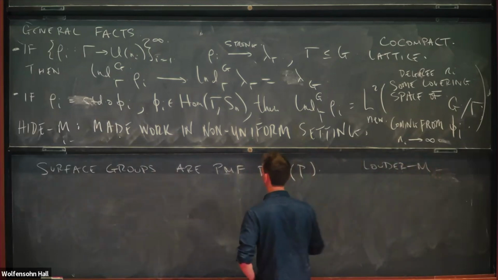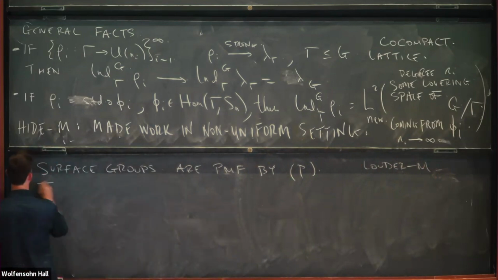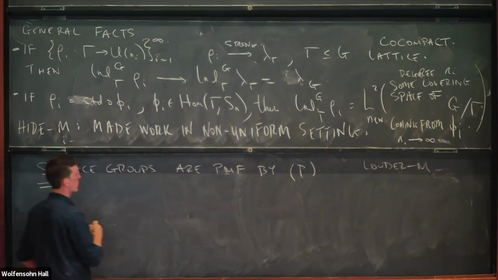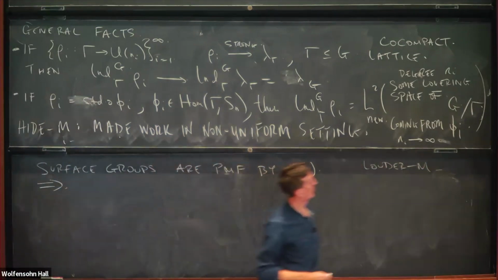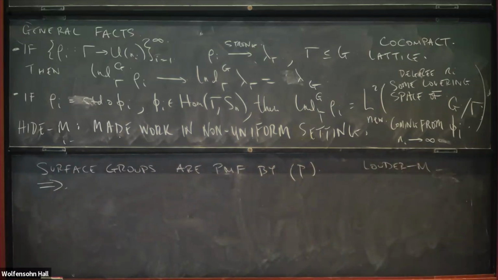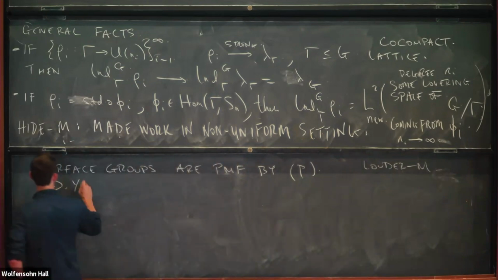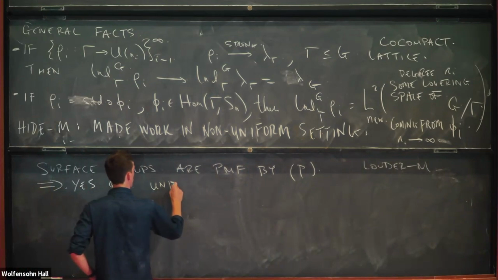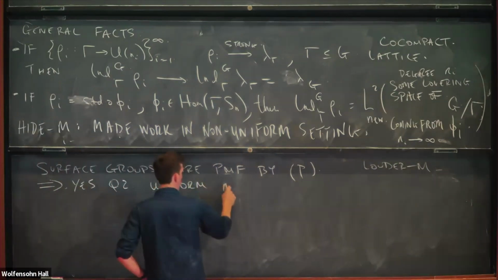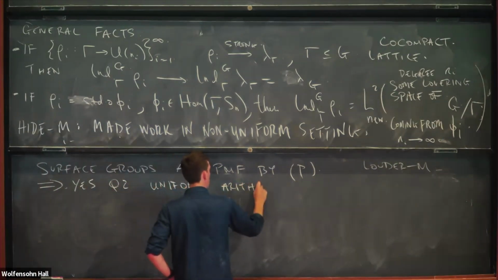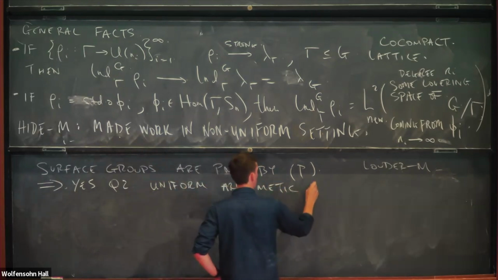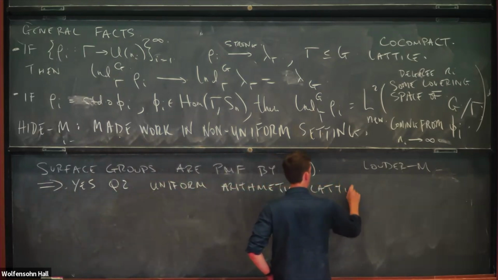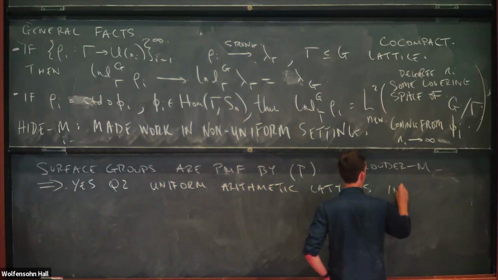This implies that there's an answer to question 2 for uniform arithmetic lattices in PSO2R.